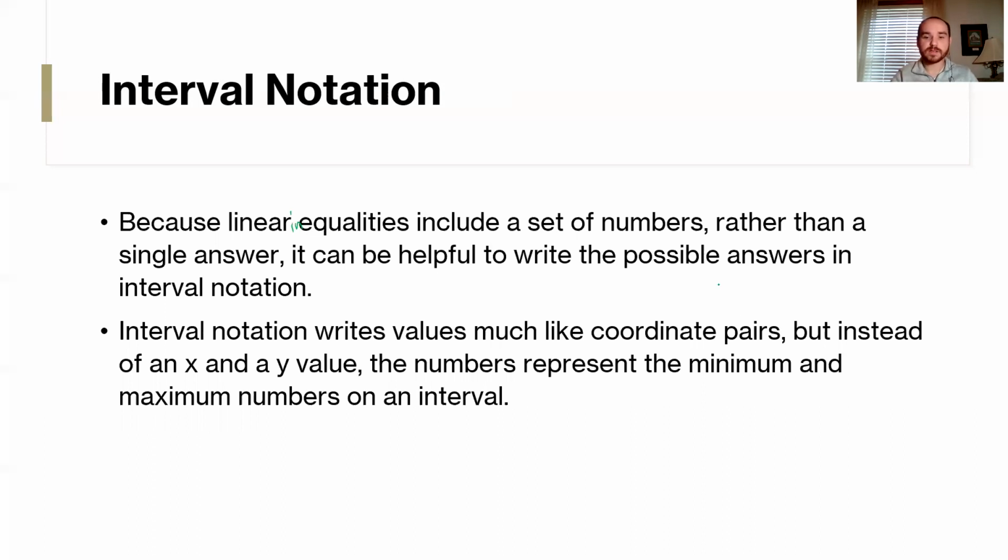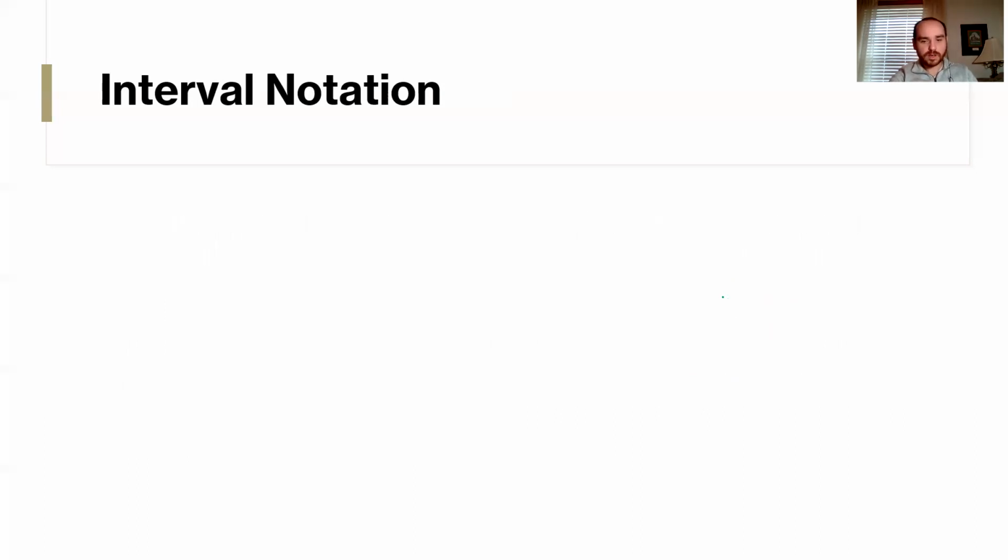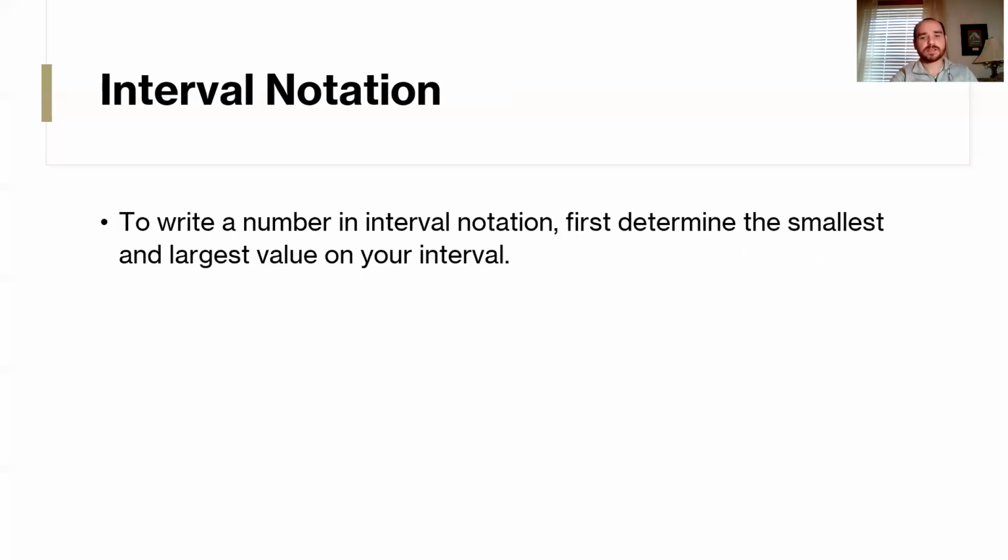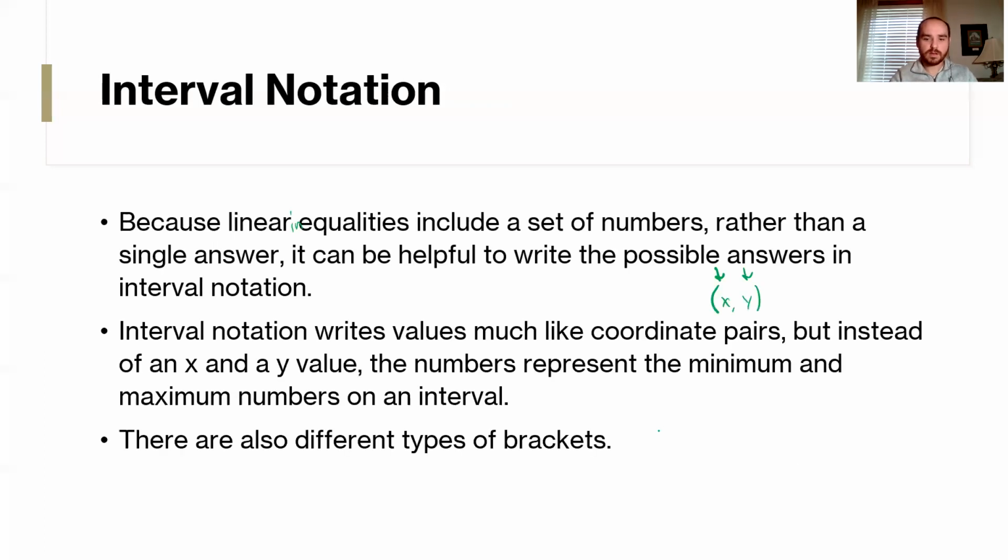So remember, a coordinate pair is x comma y. But instead of an x and a y value, the numbers represent a minimum and a maximum on a specific interval. So your minimum should be on the left and your maximum should be on the right. There are also different types of brackets, and we'll go over those in just a little bit. But remember, they are normal parentheses and square brackets like that.